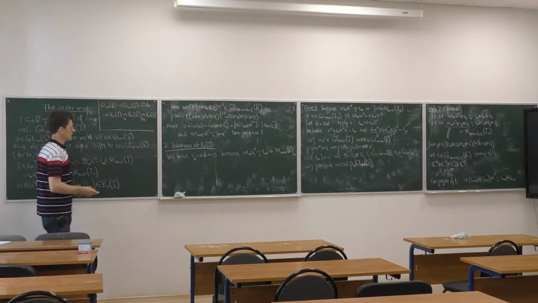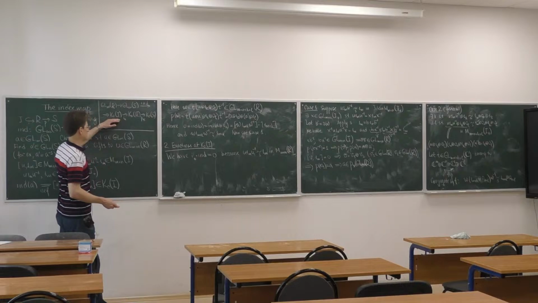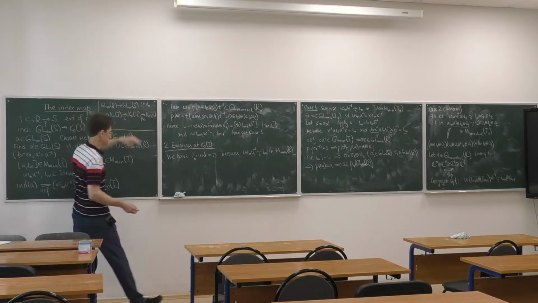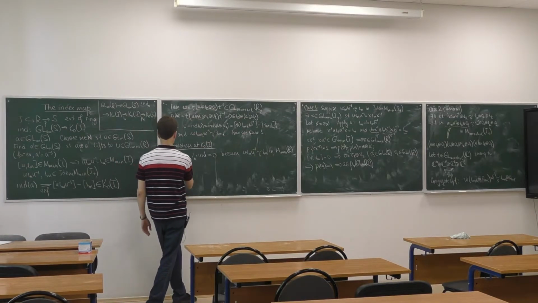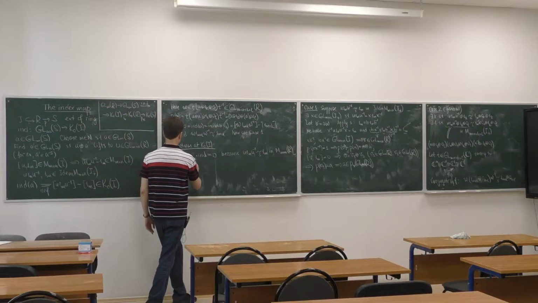So now we have to show that if an element is in the kernel of I star, then actually it comes from GL infinity of S. So let X be an element in the kernel of I star.